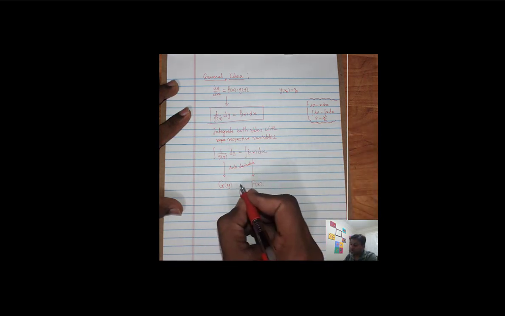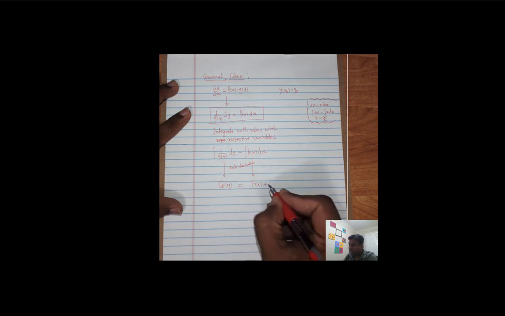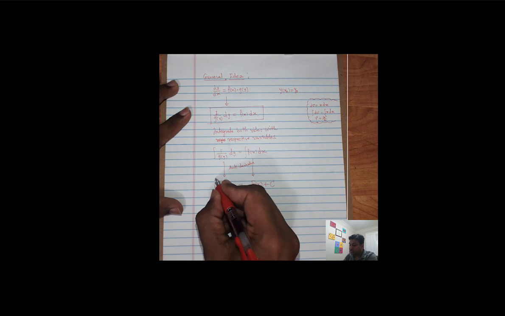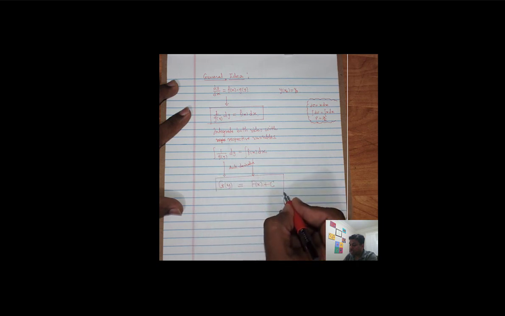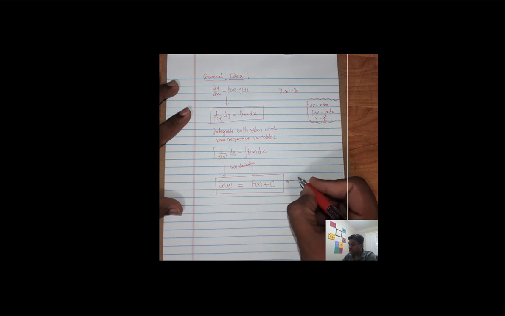Now once you get these two antiderivatives, I want you to set them equal to each other and throw a constant of integration to it. What you get is called the general solution of the given differential equation.